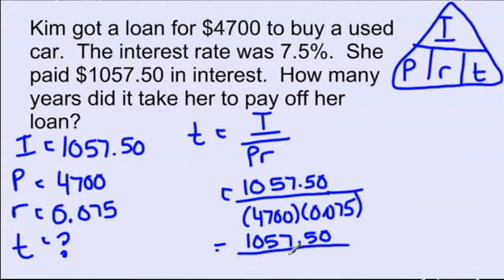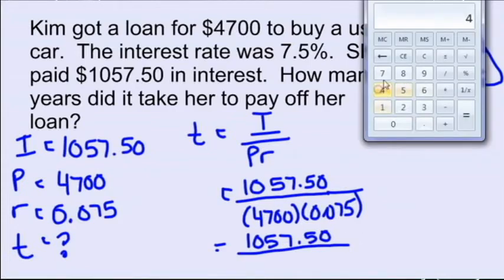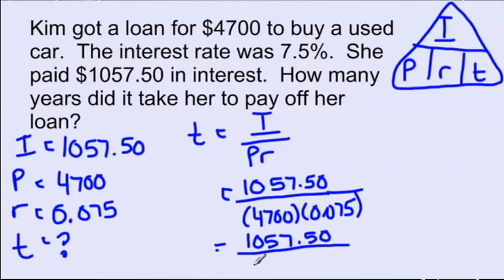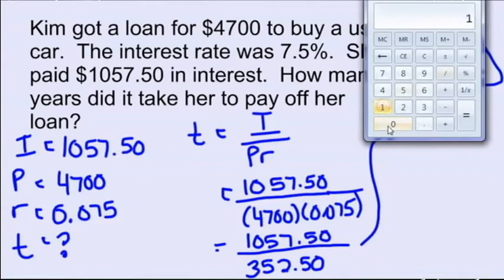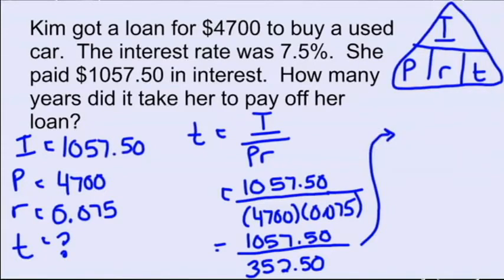I go ahead and multiply 4,700 times 0.075. My new denominator is 352.50. Okay, so one last step, I'm going to divide 1,057.50 divided by 352.50 gives me 3.